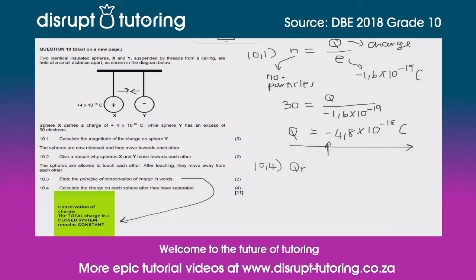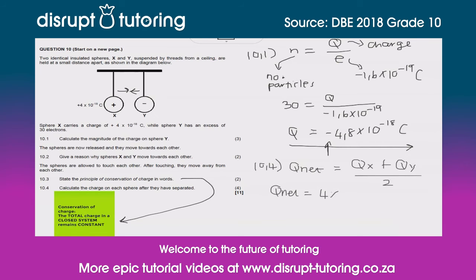So let's write the net charge is equal to the charge of X plus the charge on Y over 2. And then that is, so I'm just going to write out the whole thing.